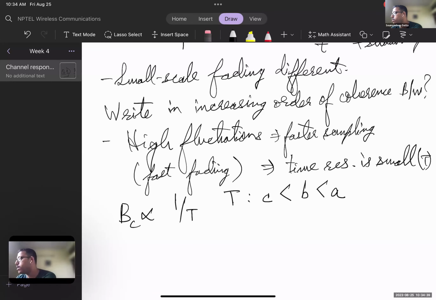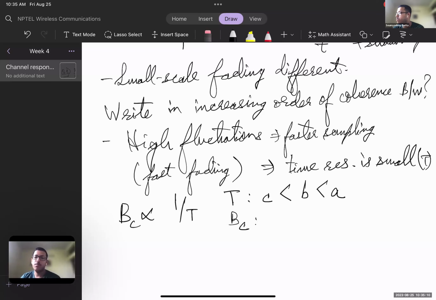But when I talk about coherence bandwidth, the answer flips, because it's just the opposite relation: for how much frequency am I able to assume that the channel is roughly constant, that the channel is not changing.